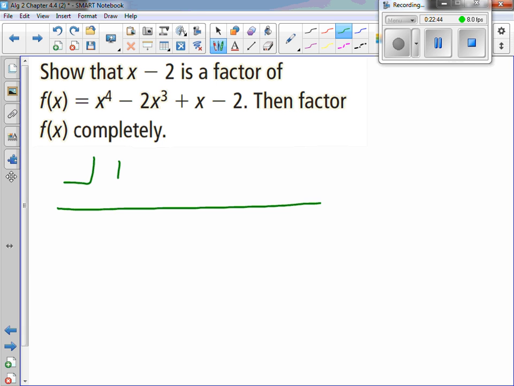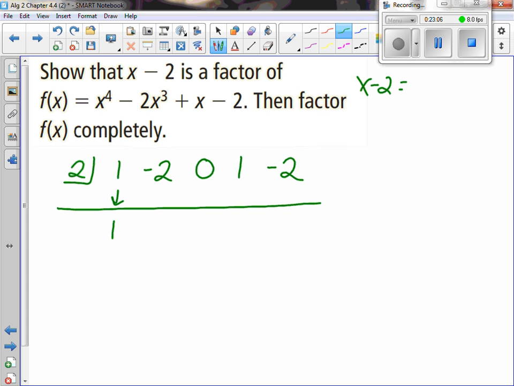So across the top, we'd have 1 for x to the 4th, negative 2 for x cubed, 0 for x squared, 1 for x, and negative 2. Drop the 1. Now the number that would go in the cubbyhole would be 2, because if we solved x minus 2 equal to 0, we would add 2 to both sides and see that x is equal to 2.